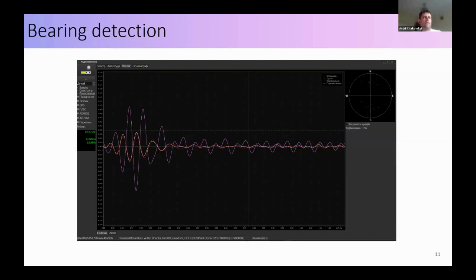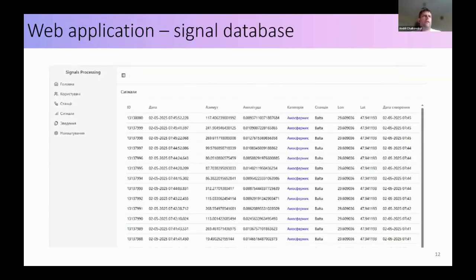Obviously, one station is not able to find the true distance to the signal source. So this information, this bearing, together with precise timing, is transferred to the server, where it is stored in the database for further processing.